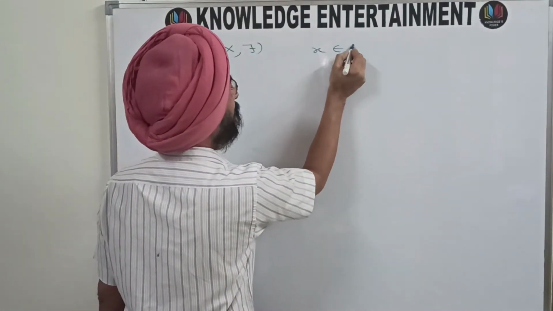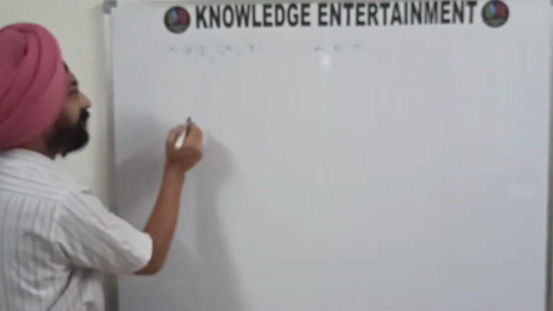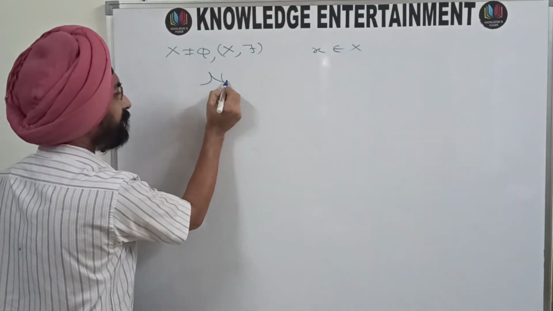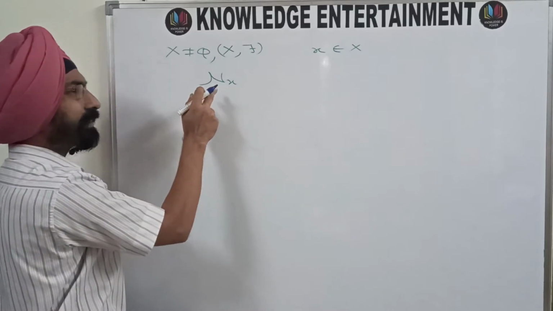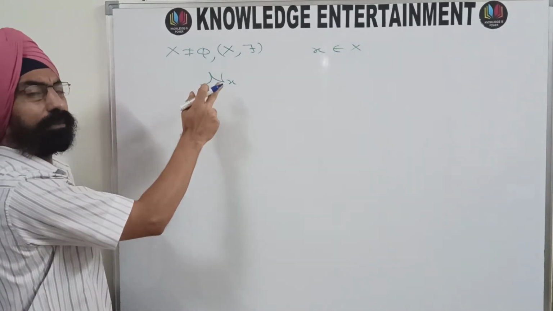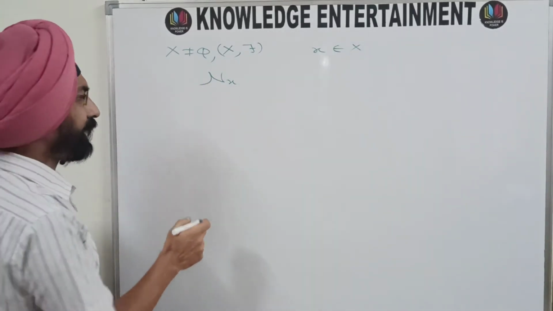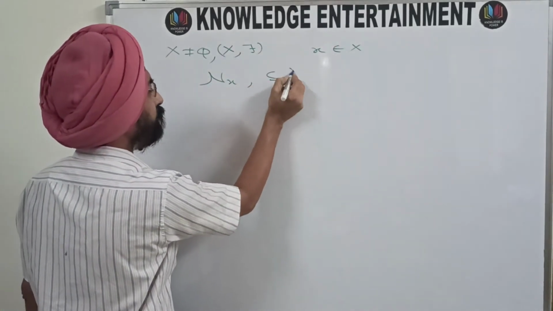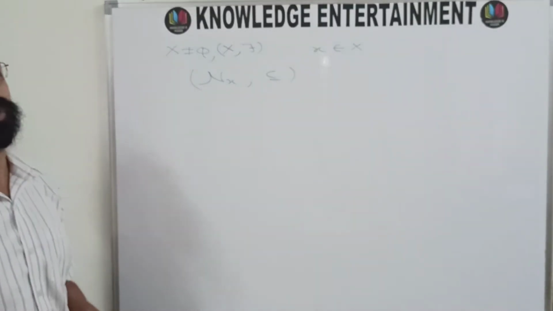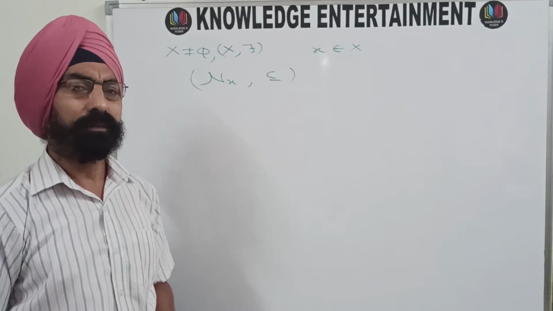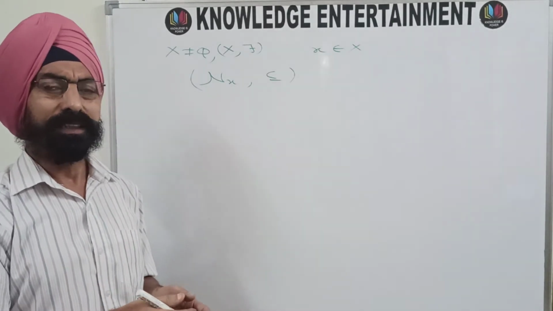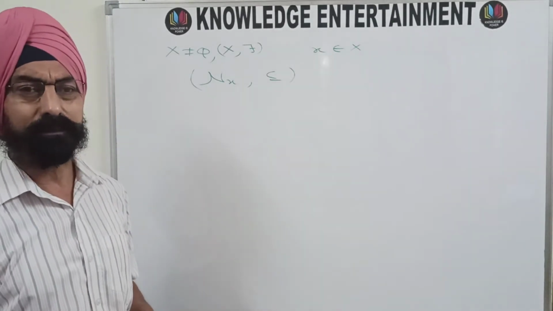If x belongs to X, then the system of neighborhoods of x, that means the collection of all neighborhoods of x with subset of, is also a directed set, because of the same reasons that we have given in the previous example.